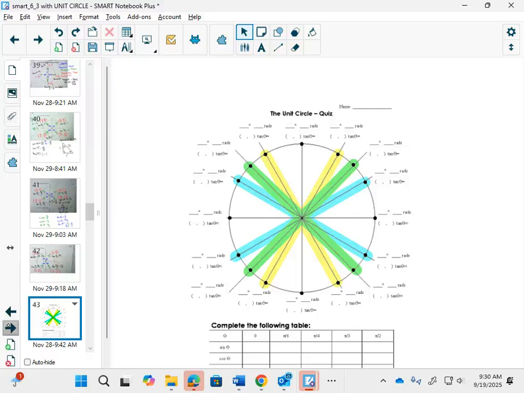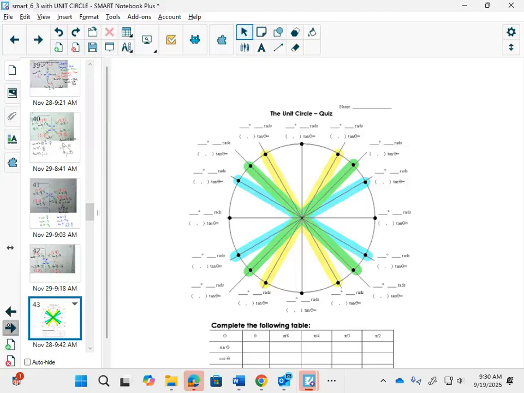So, this will be on Wednesday. This is one of the only quizzes. Well, this quiz is unique. This is the only quiz that you have to do in class, but I give it to you early.